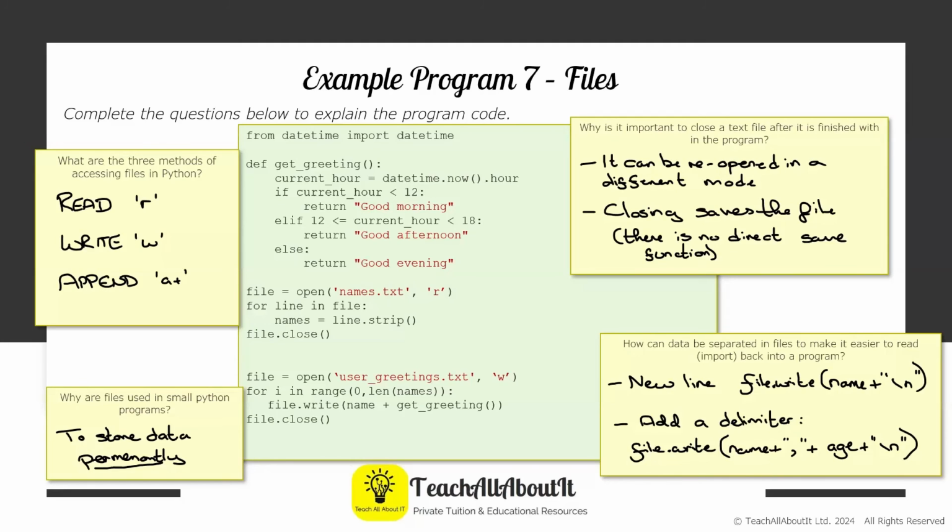If you were to create something like I've got here, which is the file.write, then name, plus a comma, plus maybe an age, and then a \n, you could then take that text file and open that in a spreadsheet and it would automatically lay that out in columns and rows. So you can actually create almost like a two-dimensional array using your file. It's definitely worth being aware that you don't just have to use new lines for each thing. You can also add extra characters, and those characters are called delimiters.